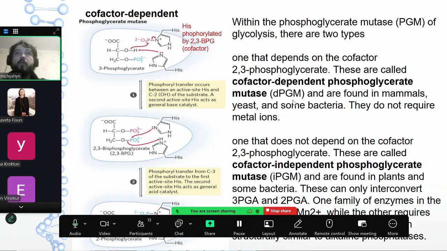The cofactor dependent one has a much simpler mechanism. If you look at the links that I have left for you, you will see that the cofactor independent one is much more complicated. Where it needs the cofactor, the cofactor is 2,3-BPG, bisphosphoglycerate.